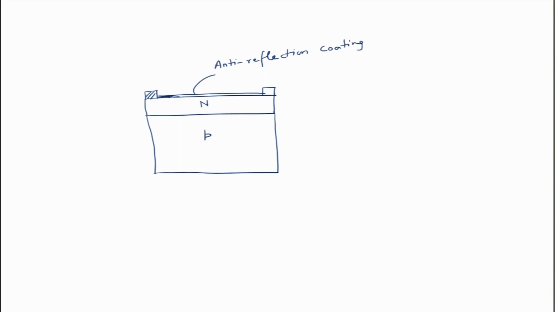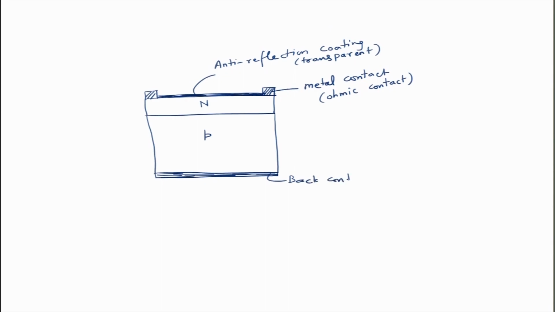It looks dark, but it should be transparent. On top you have metal contacts. The metal contacts should be conducting enough, and they should have ohmic contact with the semiconductor. On the back you also have a contact, the back contact, which again should make an ohmic contact, so that charge carriers are extracted efficiently.